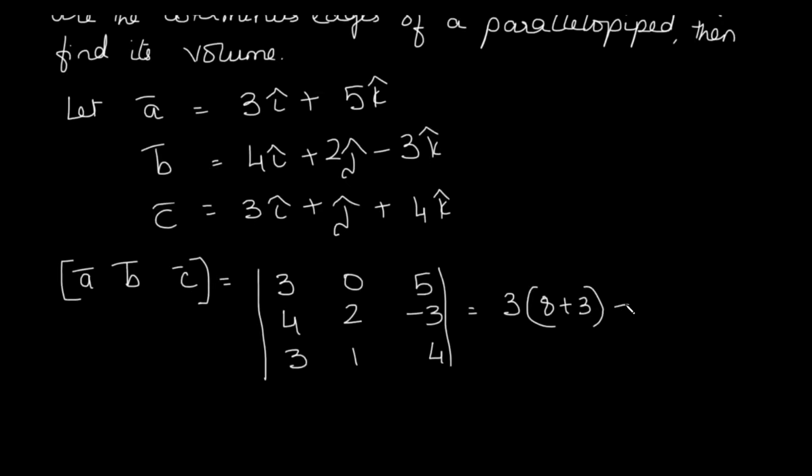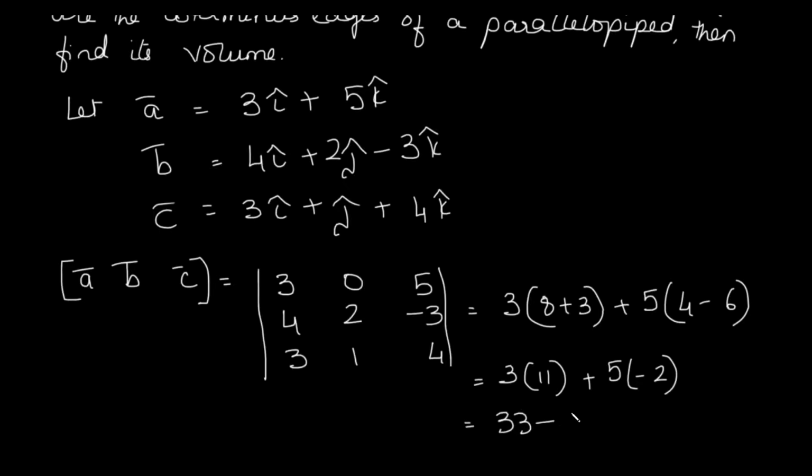Then plus 5 into 4 minus 6. So as a result, we get 3 into 11 plus 5 into minus 2, which is 33 minus 10, which is 23. In the case of volume, we write cubic units. Remember this, it is compulsory. So we write cubic units over here.